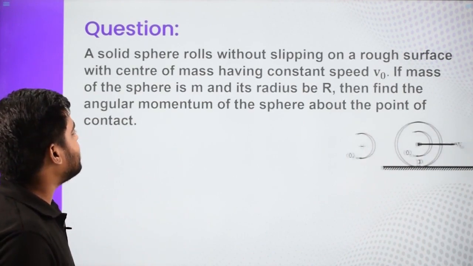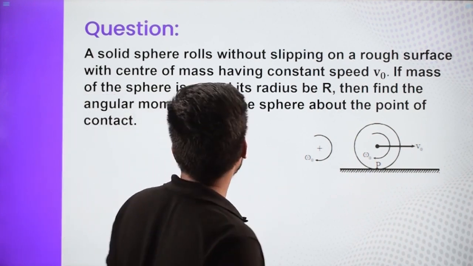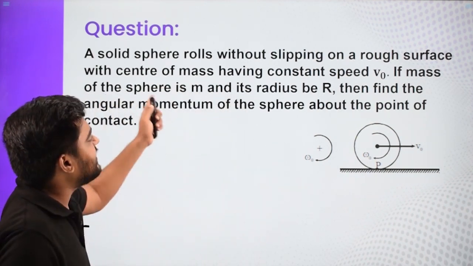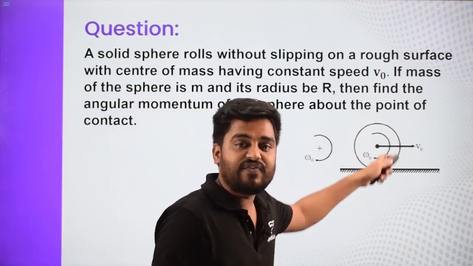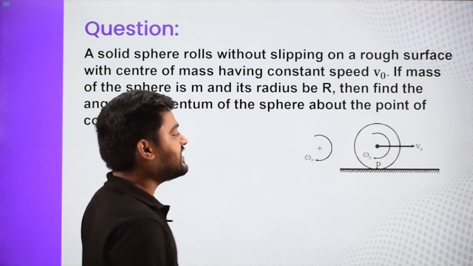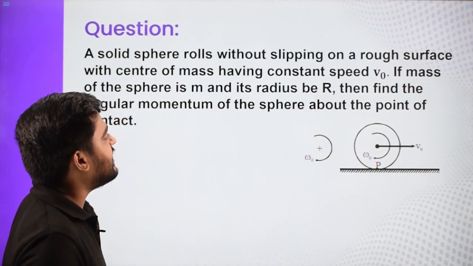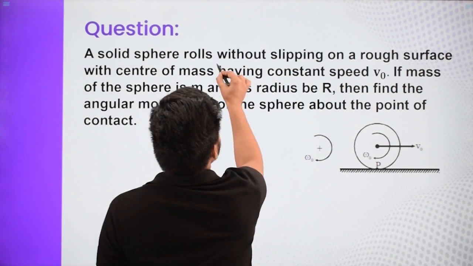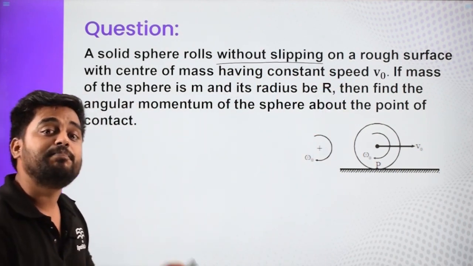Next, let us do a question. This question says that a solid sphere rolls without slipping on a rough surface with center of mass having constant speed v0. What does the phrase without slipping mean? Without slipping is the same as performing pure rolling.